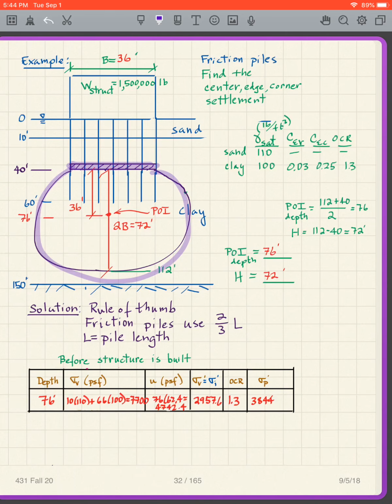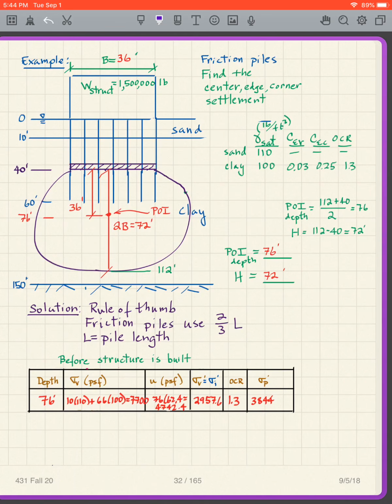It's not a real mat, obviously, but that's the way that we envision it, and that's the way that we analyze it. So, in other words, this total pile length is 60 feet. 2/3 of 60 is 40. So I put this fake mat at 40 feet. And then I draw my pressure bulb from that fake mat.